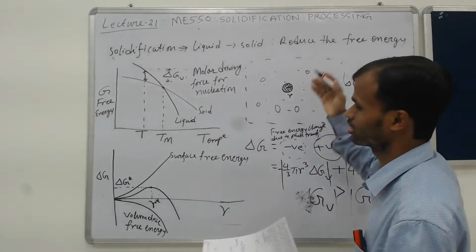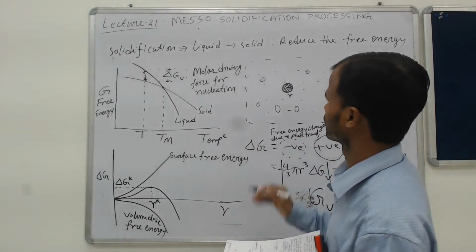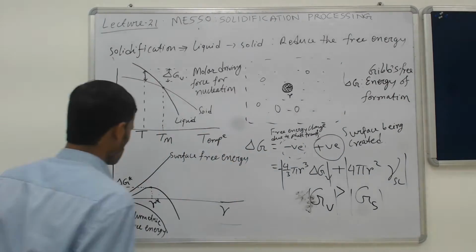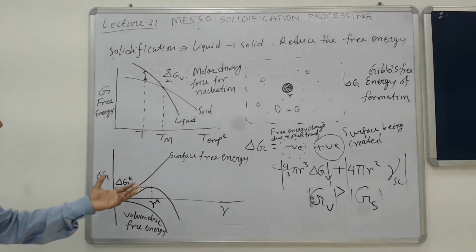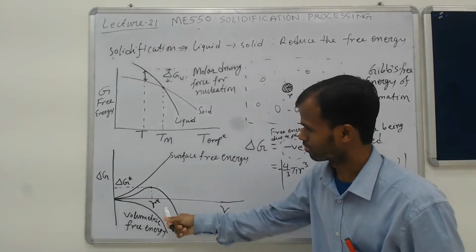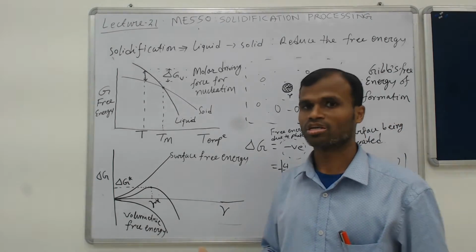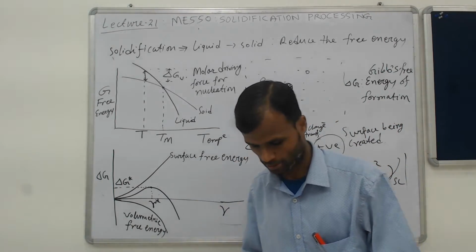That means it will get dissolved into the liquid again, so this will not continue the solidification. In order to study the kinetics related to nucleation, we need to identify this term and this term. Then only can we analyze the solidification in detail.